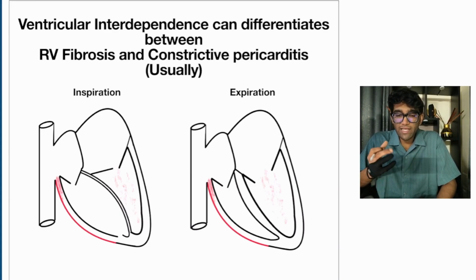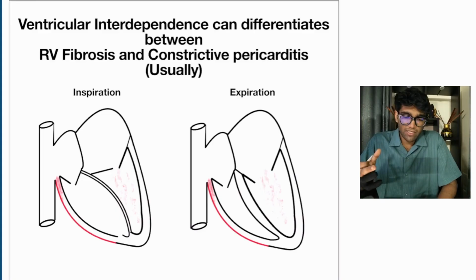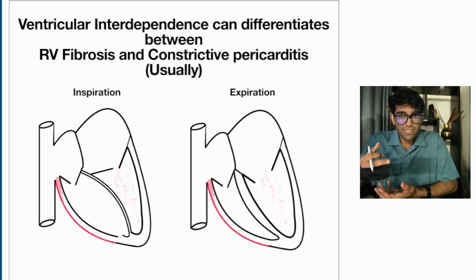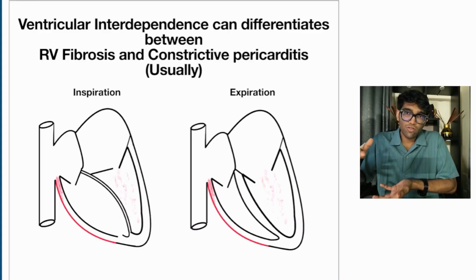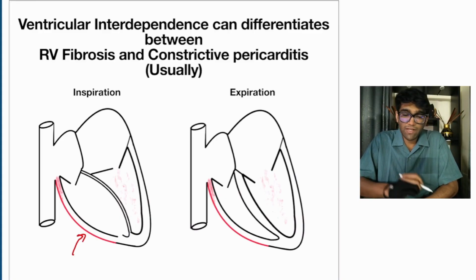What happens is during inspiration, blood is pulled in, as we've discussed previously. Around 15 ml of blood is pulled into the right ventricle. Normally, the right ventricular free wall is dilating at this time during early rapid filling, so that extra blood is accommodated by the increase in volume caused by right ventricular free wall dilatation. However, in this ventricle, the free wall is fibrosed.